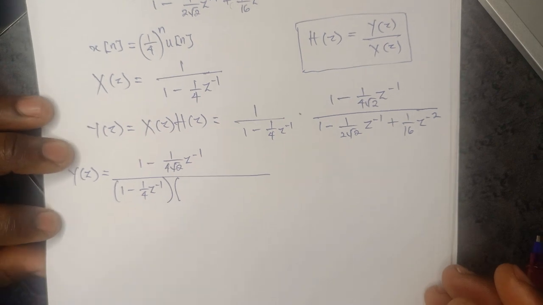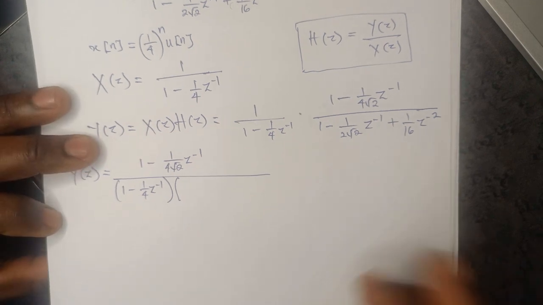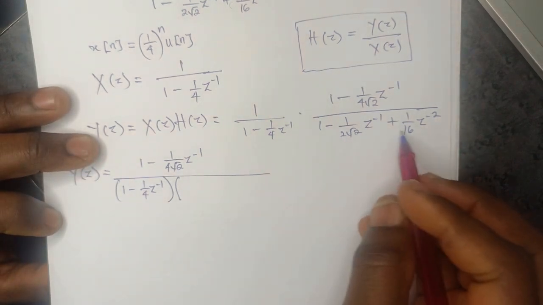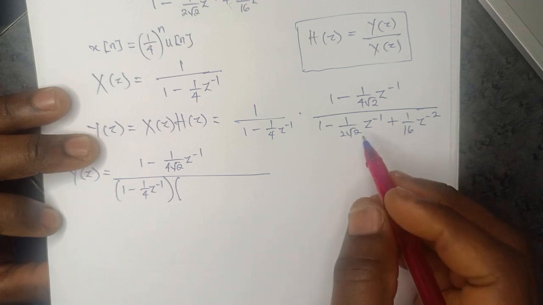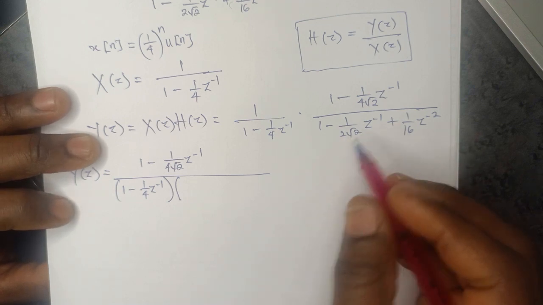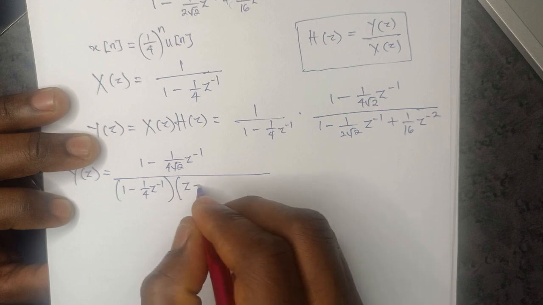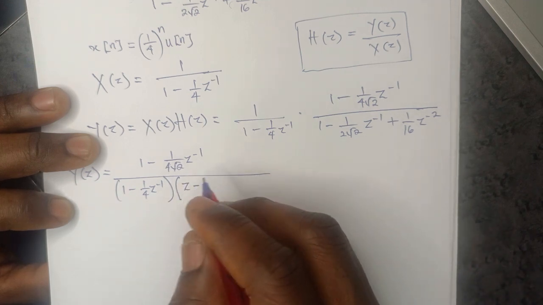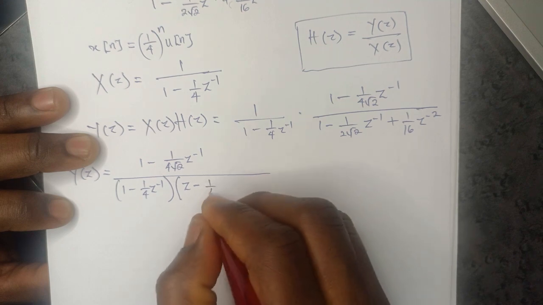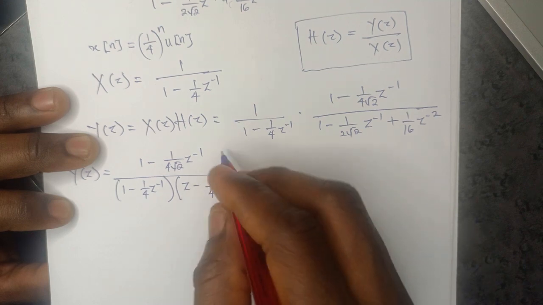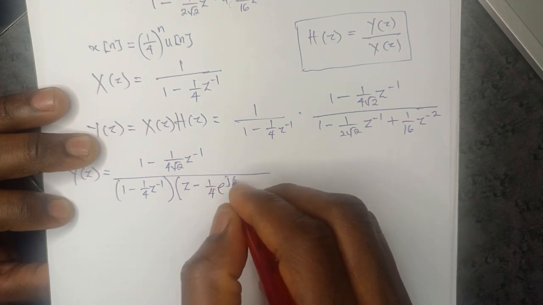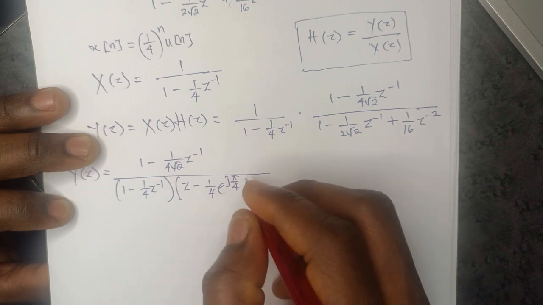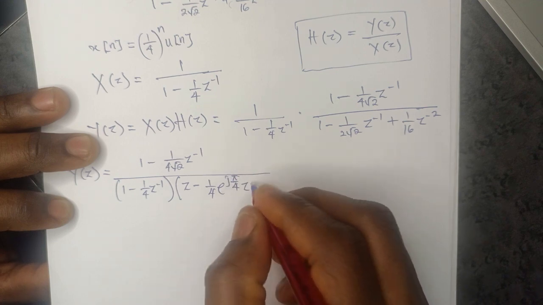I believe we have already determined this one earlier. This particular expression, we determined it in the previous question, C part of the question. So 1 minus 1 all over 4 e raised to power j pi all over 4 z raised to power minus 1.